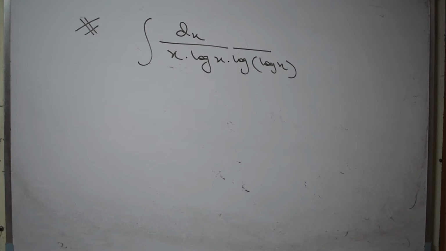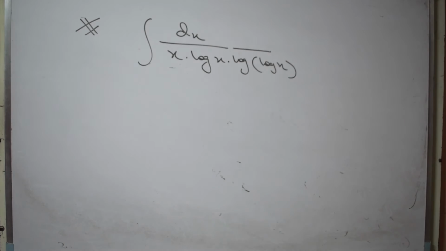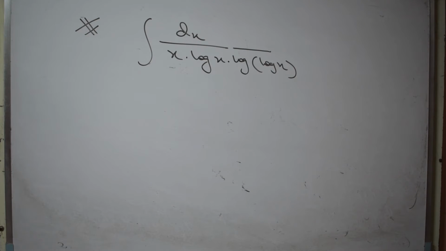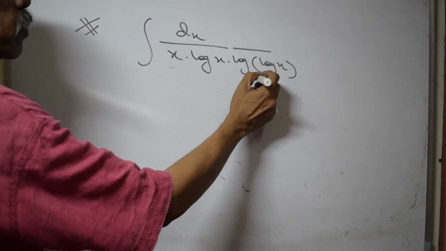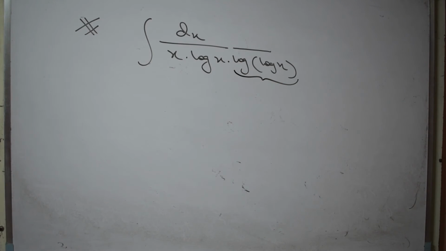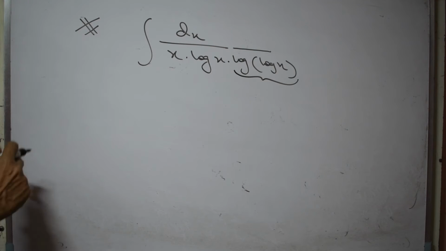What I can observe is, what is the differentiation of log x? It will be actually 1 by log x into, again, log x derivative is 1 by x. So let us take this portion as t. Why? Because we have this idea that whatever is the function, the derivative of that will be adjusted.